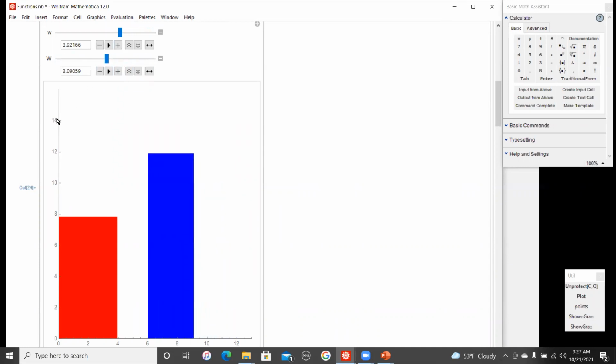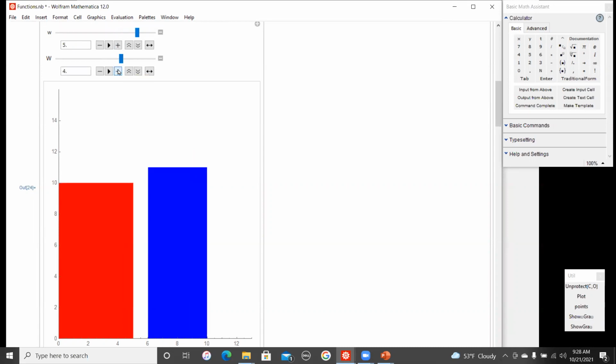But now what the algebra allows us to do is sift through and find just a pair where the width is 5. You can see this 5. When the width is 5, the length is 10. Not only is the length twice the width, but in fact the perimeter is 30.